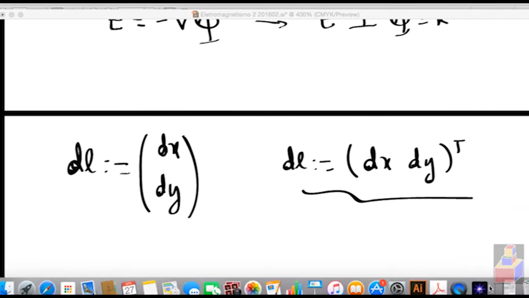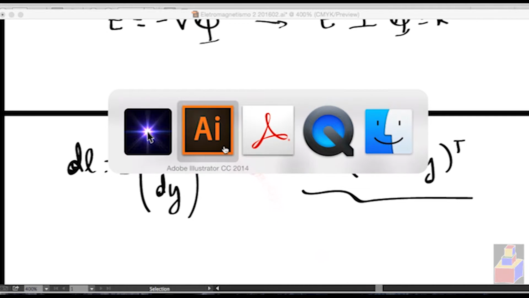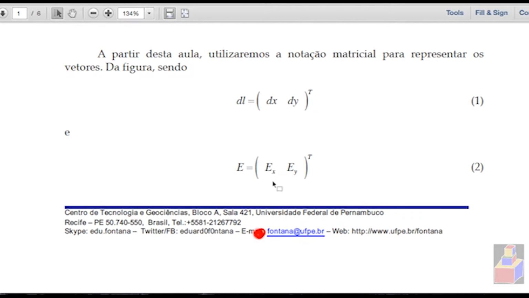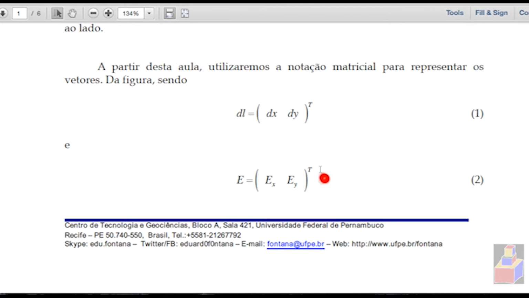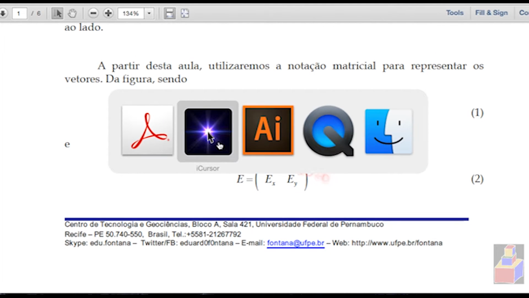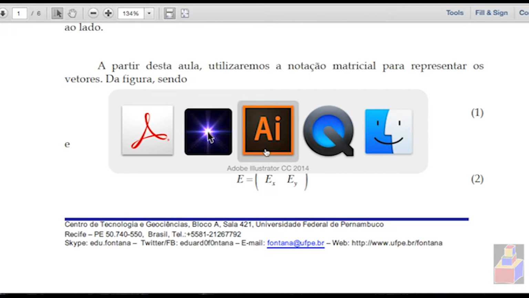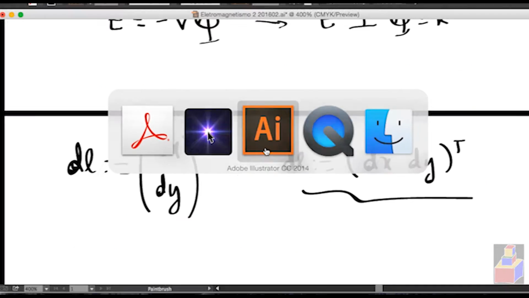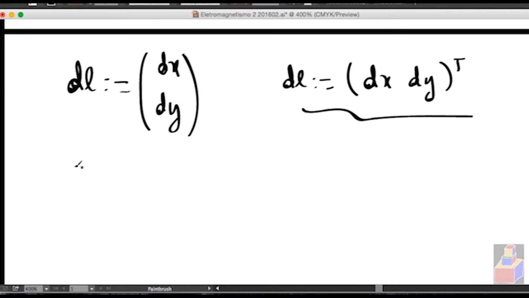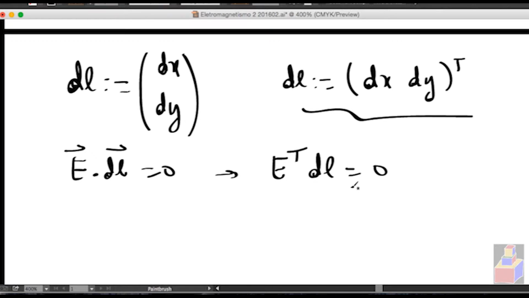The E field is like this. So the dot product is obtained simply by doing the matrix product. For instance, if I make the dot product between E and dl, this is the same as to say E transposed times dl equals 0.